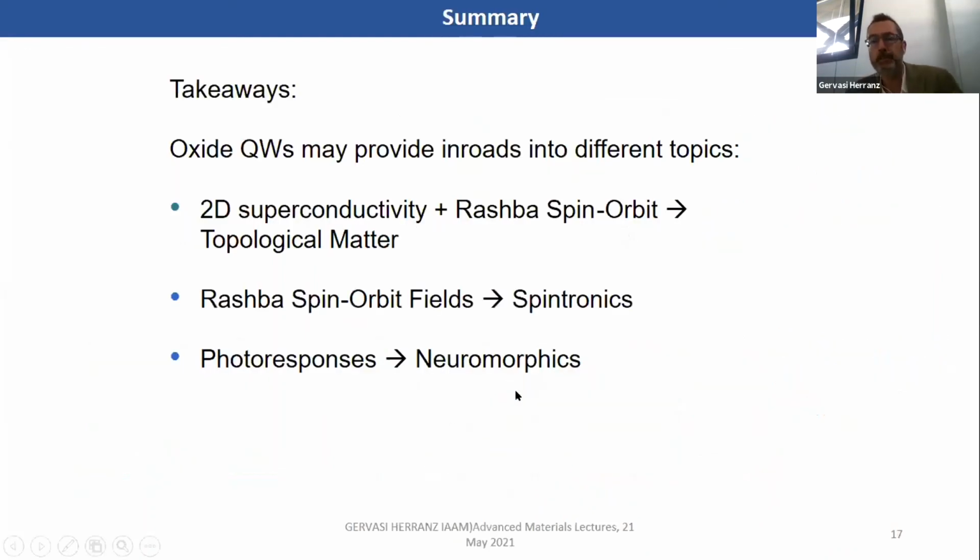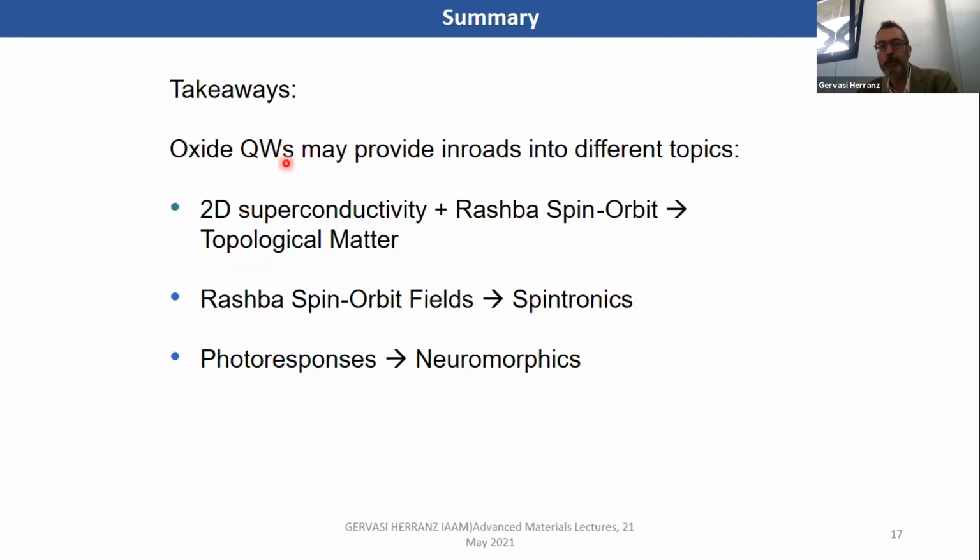Okay, so this brings me to the end. So basically, what are the basic takeaways that I would mention? These oxide quantum wells, I have talked specifically about lanthanum aluminate, strontium titanate oxide quantum wells because this was the first of this kind discovered, and the one that has been more exhaustively studied. But over the years, many other oxides have been studied, different from these ones.